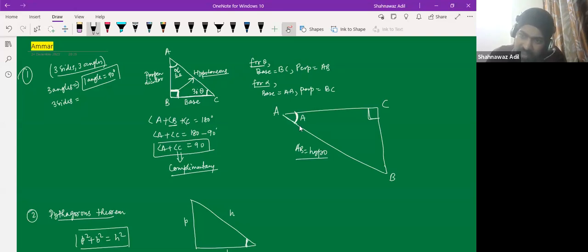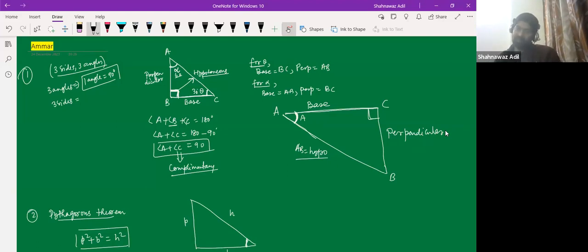One is the hypotenuse, and the other side would be called the base, right? Is it clear? Yes. And the remaining one would be the perpendicular. So the first part is to identify what is perpendicular, what is base, and what is hypotenuse.